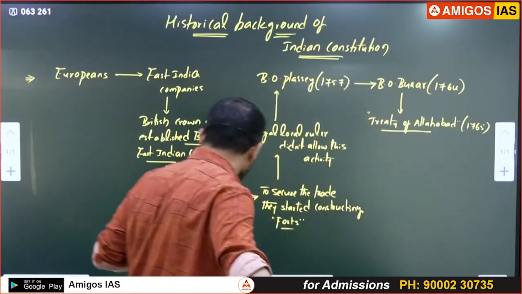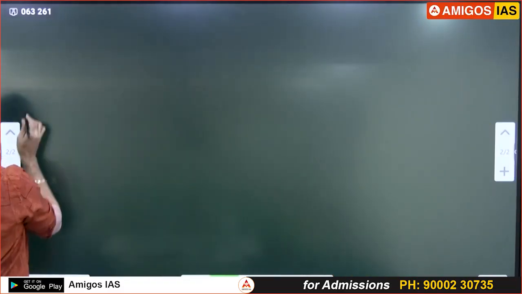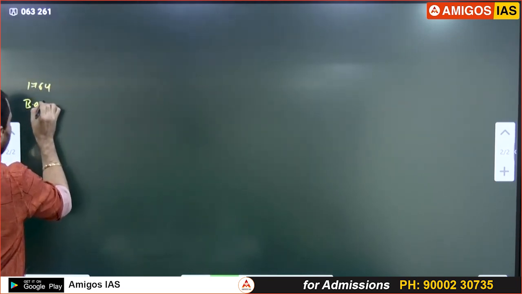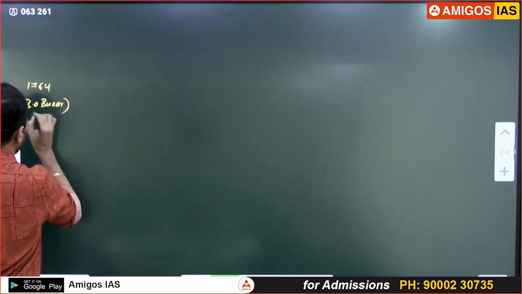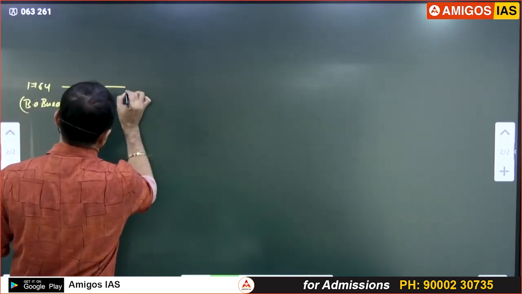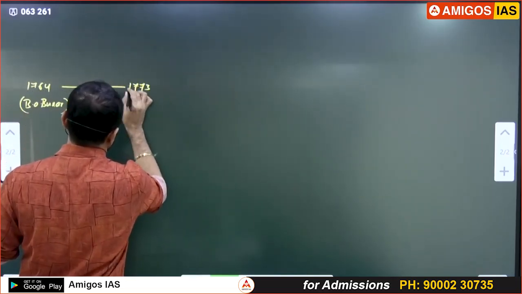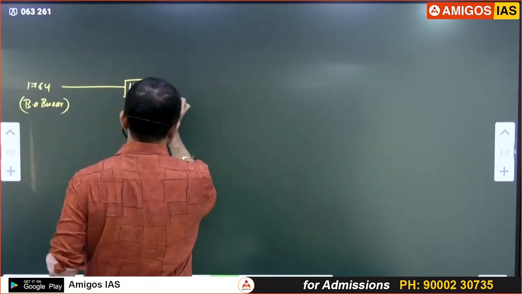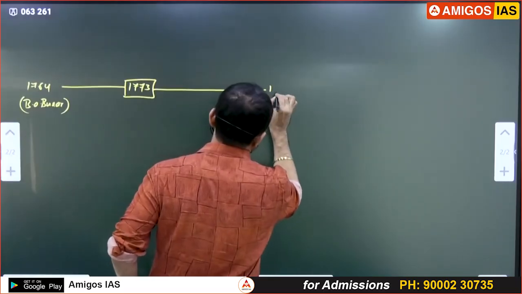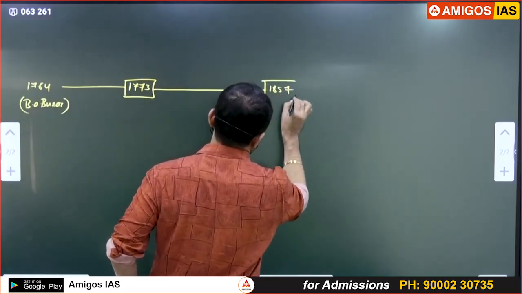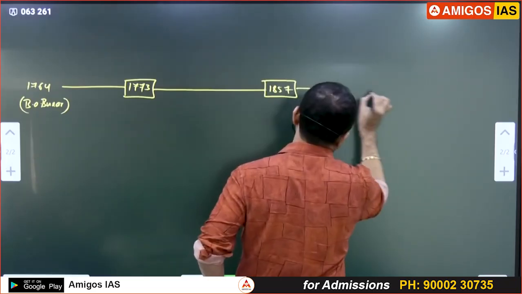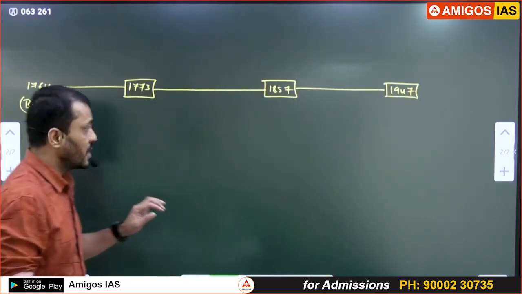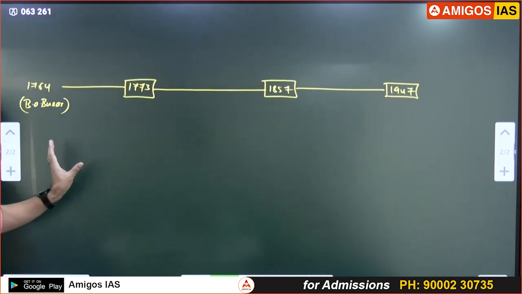In this context, you have to understand: 1764, Battle of Buxar; 1773 to 1857, East India Company; and from 1857 to 1947, significant things. 1764, the Battle of Buxar happened.